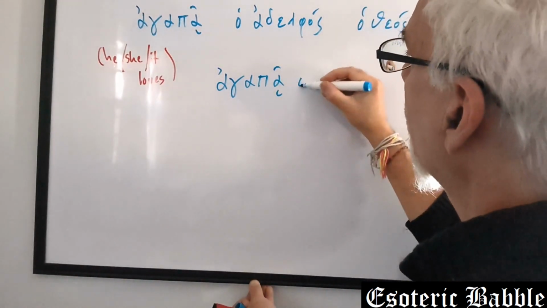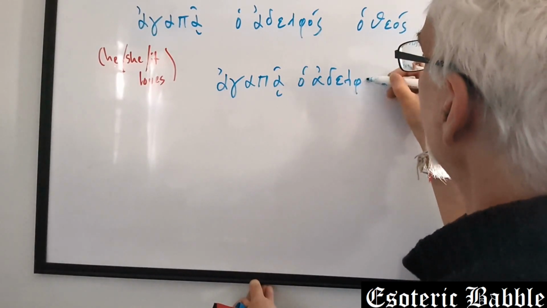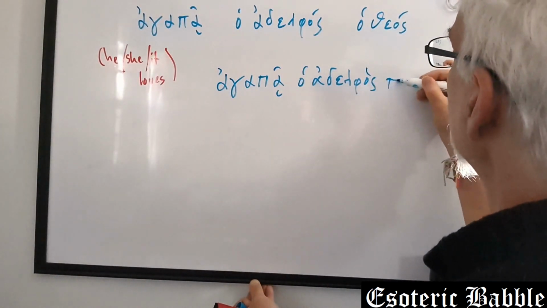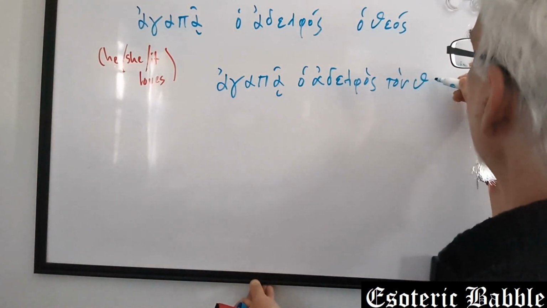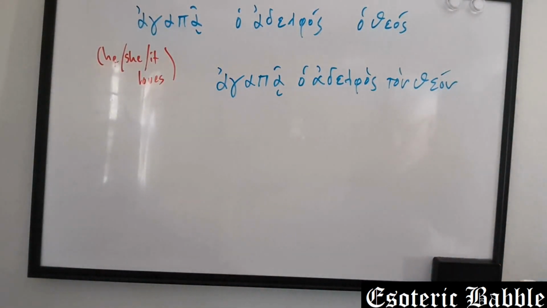Agapa ho adelphos ton theon. And what we can do before we attempt to translate, what we actually have to do is identify the function of all the words, which is what we were talking about just a few minutes ago.